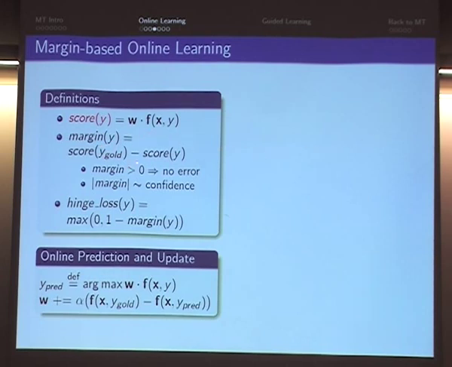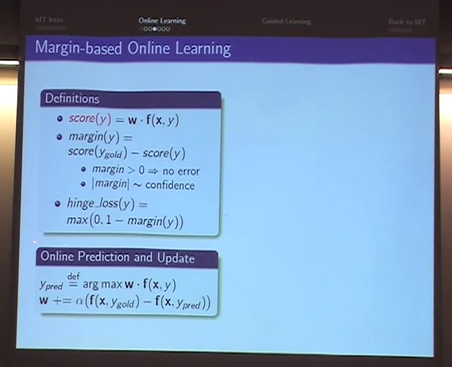So usually you think of it that the margin, when it's positive, means there is no error, and the absolute value of the margin is the confidence, how much you are confident with this label. So you usually want to have the margin as large as possible.